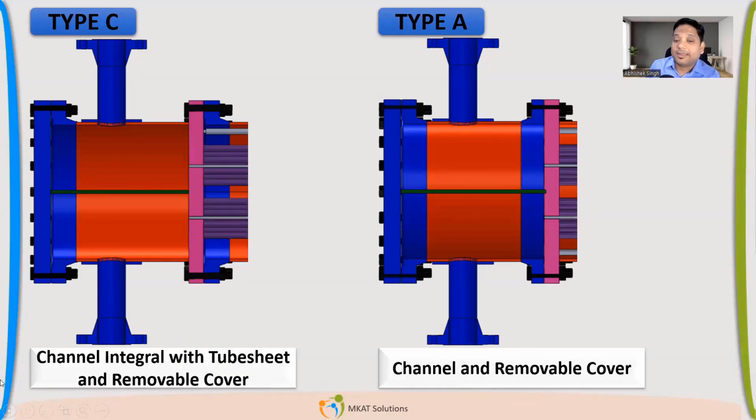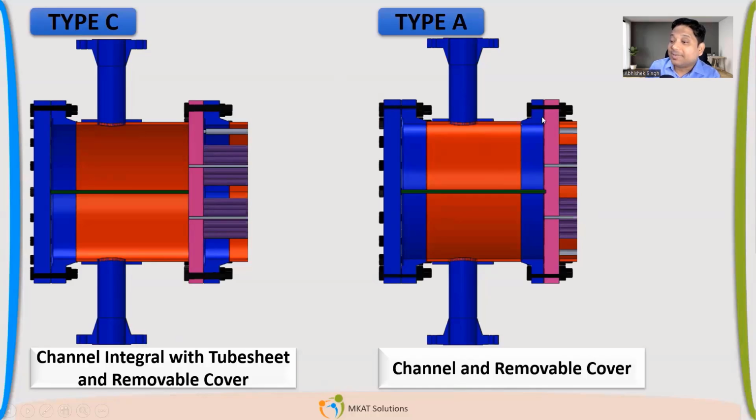So the main difference between type C and type A, see, if you see the cover, bolted, channel, both are having channels. Okay, here the tube sheet is integral, it's welded. So like I said, welded means it becomes an integral part. So tube sheet is integral with the channel, it's welded with the channel.